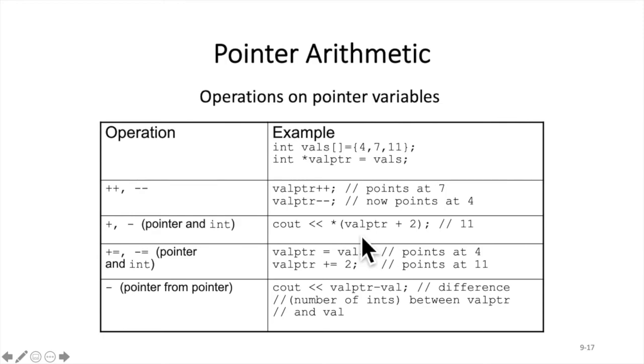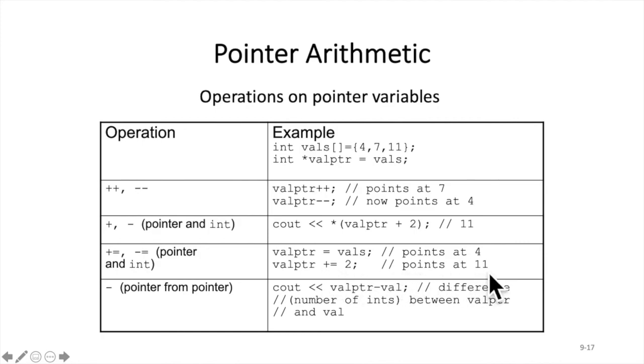If we have another operation, valsPtr plus 2, it will refer to the third element in this array. Okay, so we do some reassignment here. valsPtr is equal to vals, so it actually refers to the first element of the array, and then valsPtr equals valsPtr plus 2.